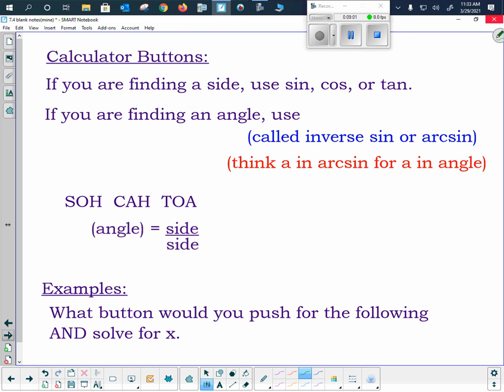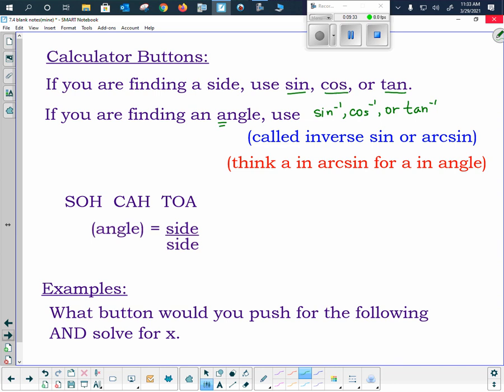Let's talk about calculator buttons, because if you hit the wrong one, you're going to get it wrong every single time. So if you are finding a side, use sine, cosine, and tangent. But if you are finding an angle, right, angle, then you're going to use arc sine, arc cosine, or arc tangent. Again, called inverse sine or arc tangent, and think of the A in the arc sine for the A in the angle.